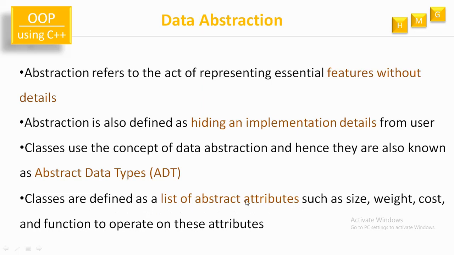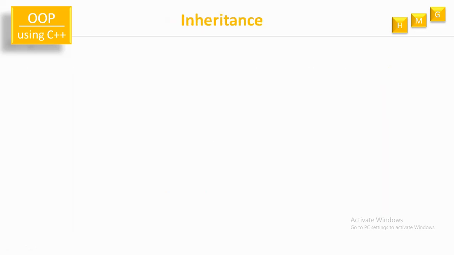Abstract means at the time of definition, these attributes do not represent any details or any value. They are at the abstract level. So this is the concept of data abstraction.